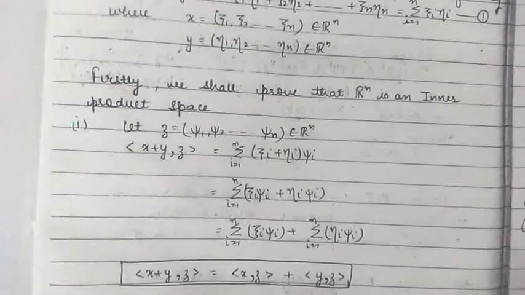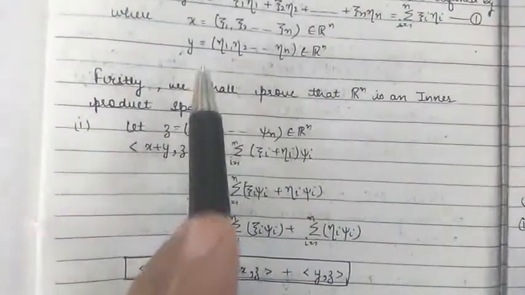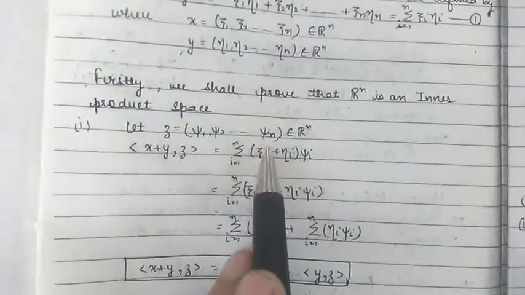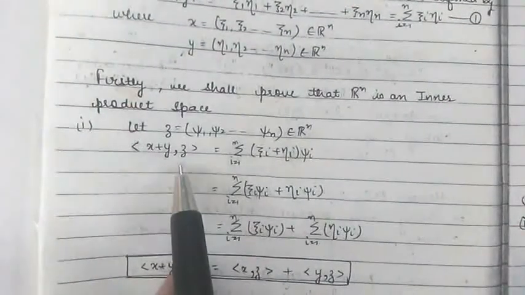So let us consider three elements x, y and z. x is this element, y is this element, and z is the element having the coordinates xi1, xi2, xi3 and xin.